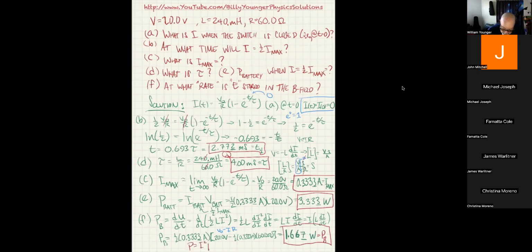which is another version of power, you can actually say this is going to be 0.3333, or excuse me, that's 3.333. That's the watts. I need half of that, so that's 0.1667 amps squared times 60.0 ohms.